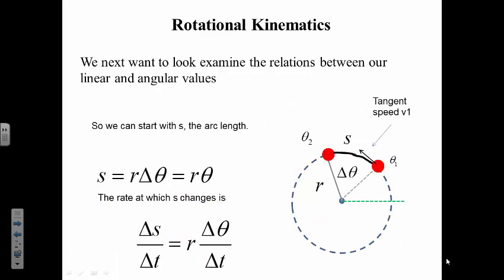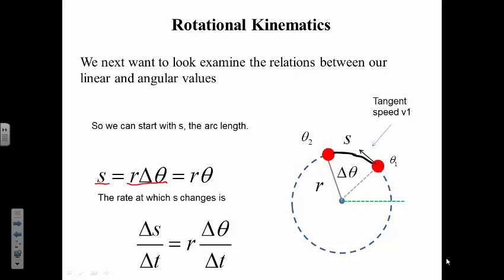So what we want to do now is examine the linear relations between our omegas and our velocities and things like that. We already set up our first one by saying that S is related to R delta theta.